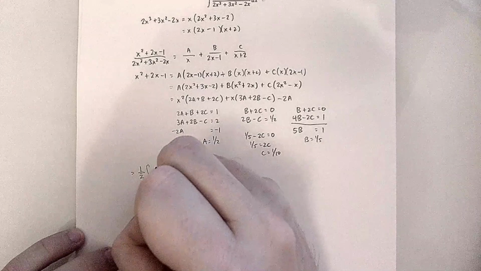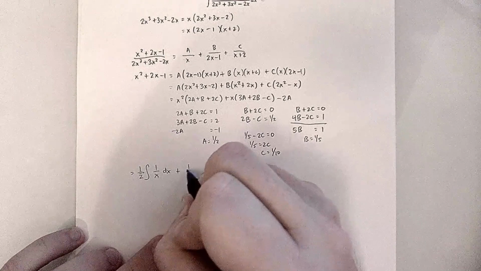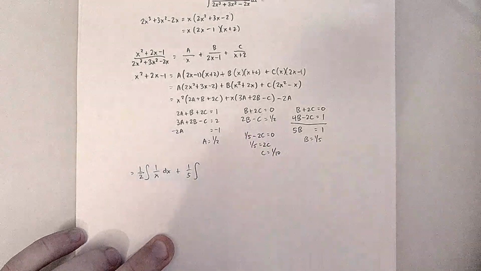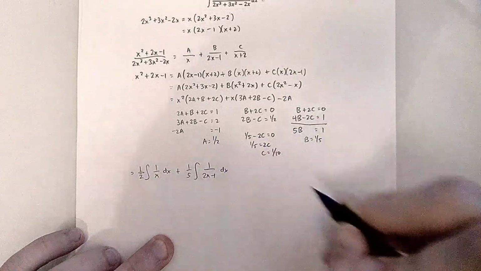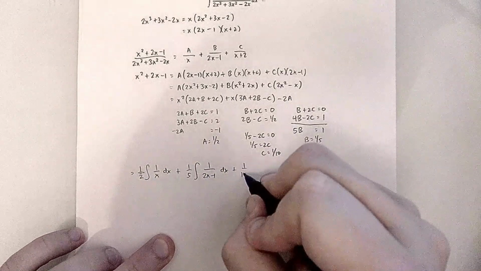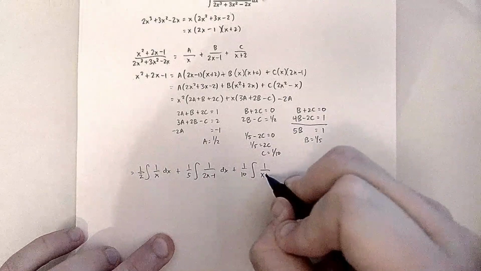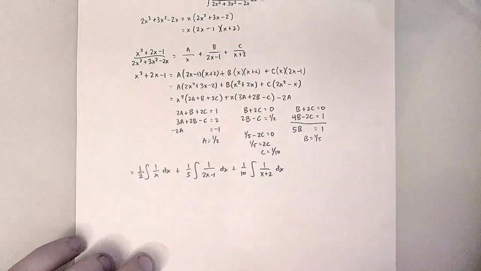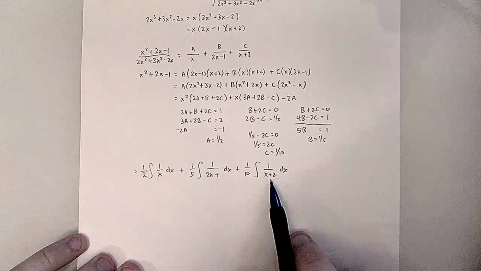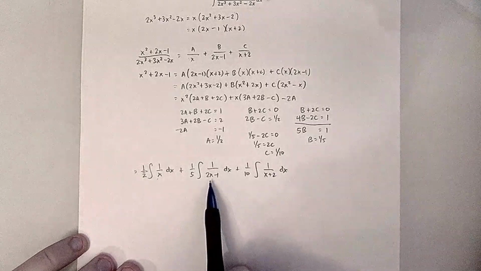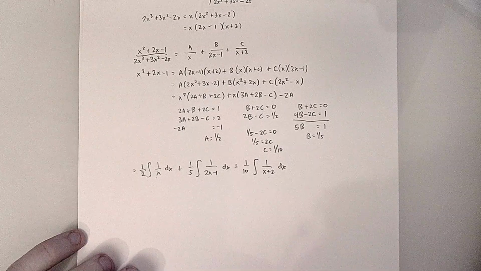So the integral of 1 over x dx, 1/5, since that's b, 1 over 2x minus 1 dx plus 1/10 integral of 1 over x plus 2 dx. All right, well, we know this one is going to be pretty easy, this one's going to be pretty easy, and this one has a substitution that we'll have to do with the u being 2x minus 1.